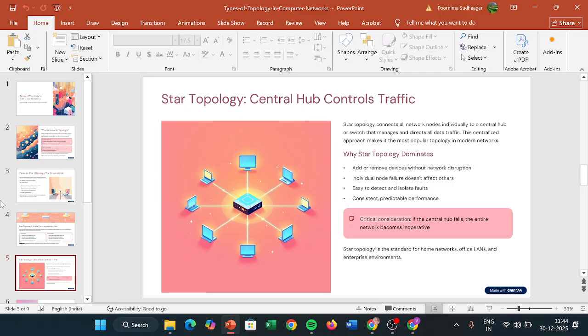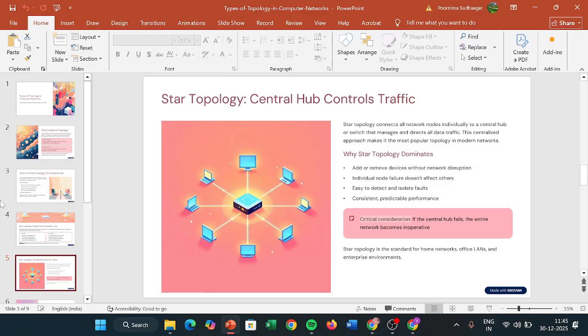So why does star topology dominate other topologies? Because you can easily add or remove devices without any network disruption.